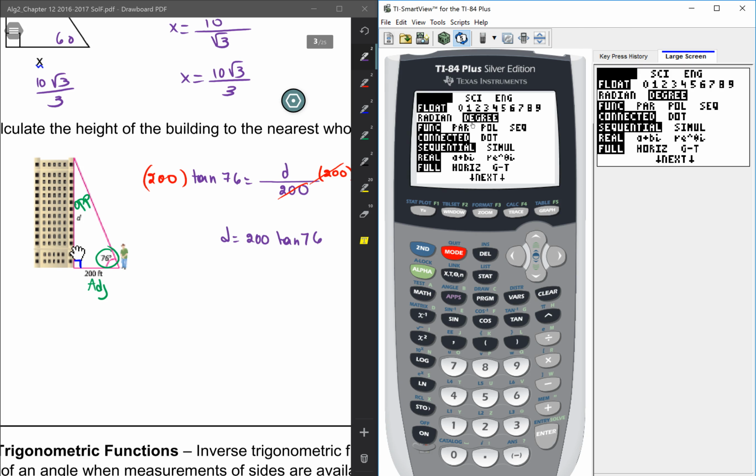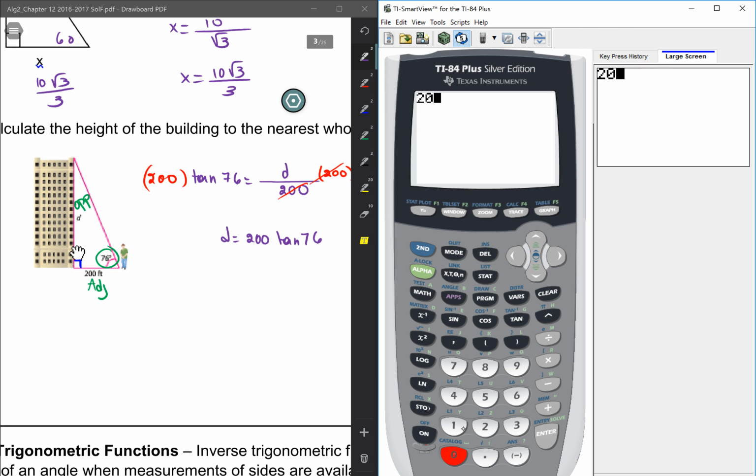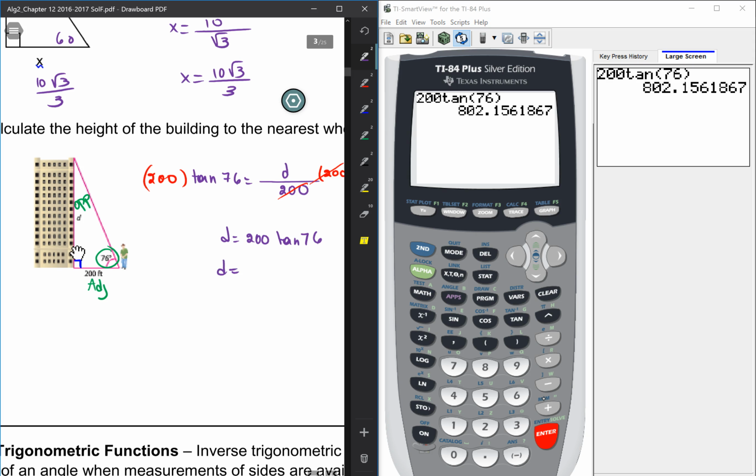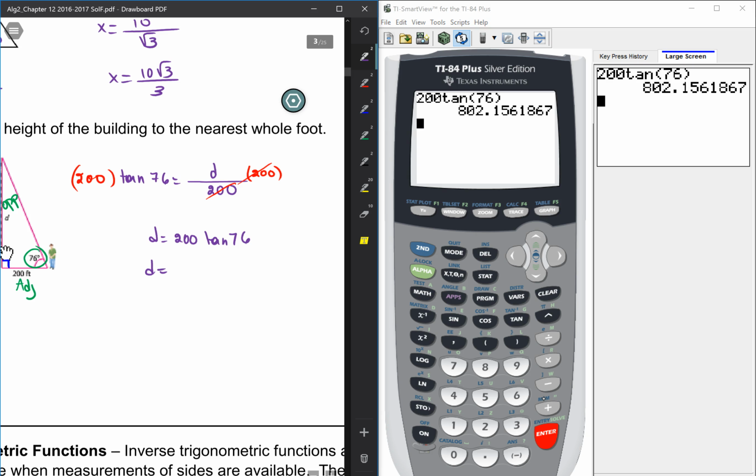Otherwise you will get the wrong answer. Once you do that, you can now do 200 tangent of 76. Click enter. It's 802.156. We want to round it to the nearest foot, so it's approximately 802 feet.